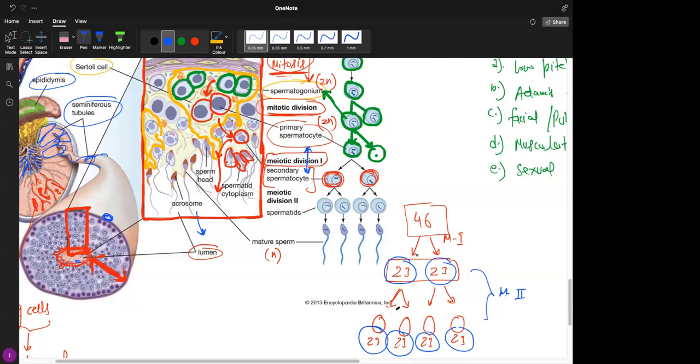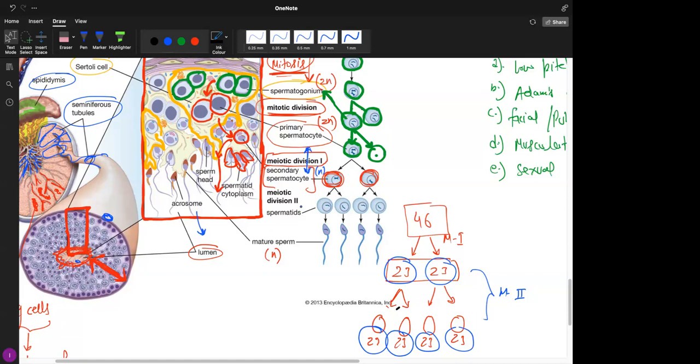And meiosis 1 is reductional, it reduces. So from diploid, it will make secondary spermatocyte as haploid. So secondary spermatocyte is the first haploid cell type in the testes. Write down. Secondary spermatocyte is the first cell type which is haploid in spermatogenesis.